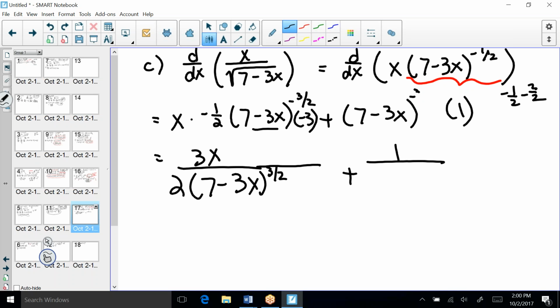So negative 3/2. And then we can put that in the denominator, 7 minus 3x to the 3/2 power. All right, and then we can just leave that like that. We could do the addition and combine those things, or we can just leave it like that.